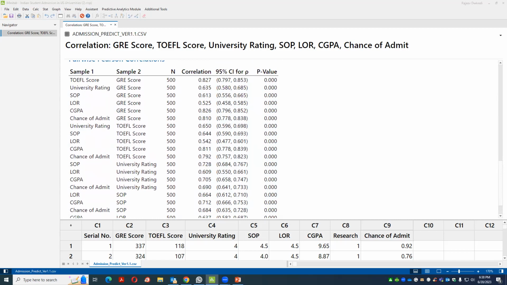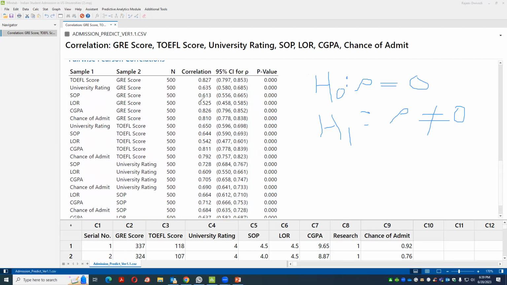Let me explain. The null hypothesis says rho equals 0. The alternative says rho is not 0. You remember, we are using the last module's learning.